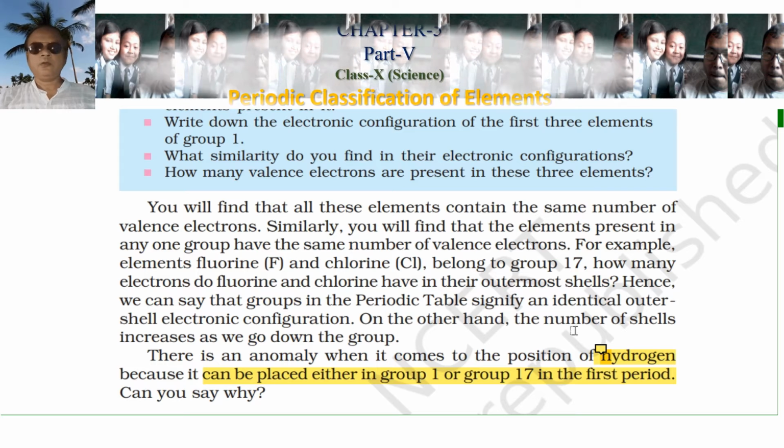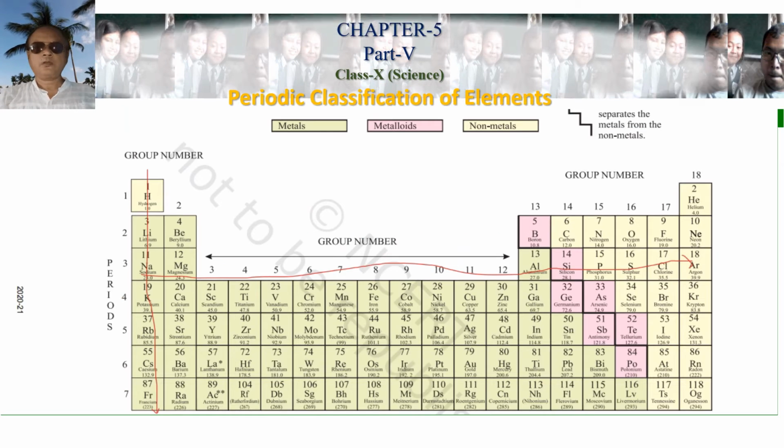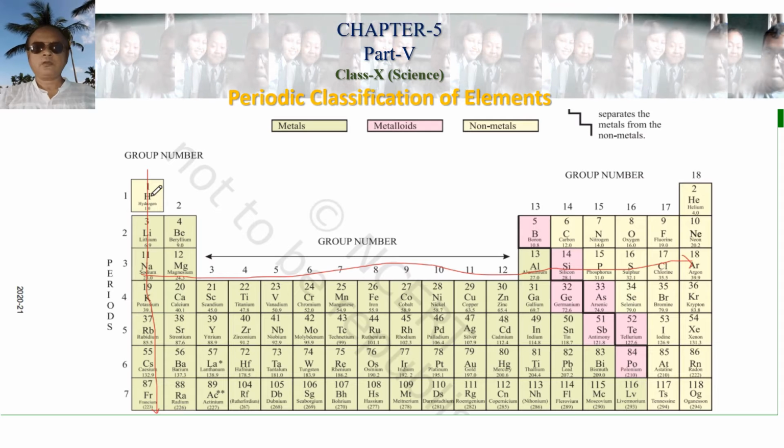On the other hand, the number of shells increases as we go down the group. So let us see again. When we go down the group, the outermost orbit has one electron in the first group.